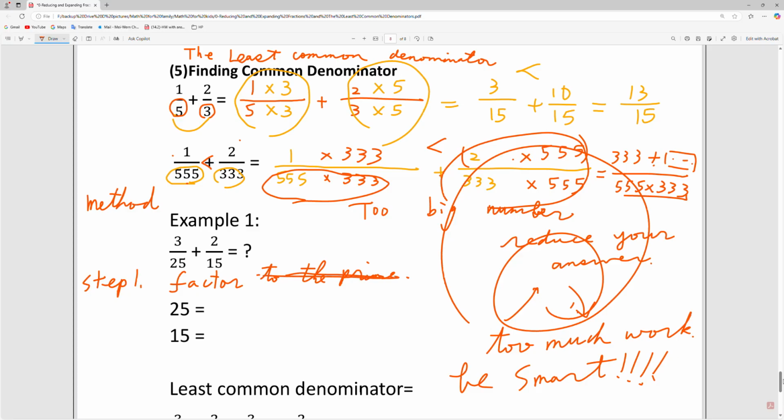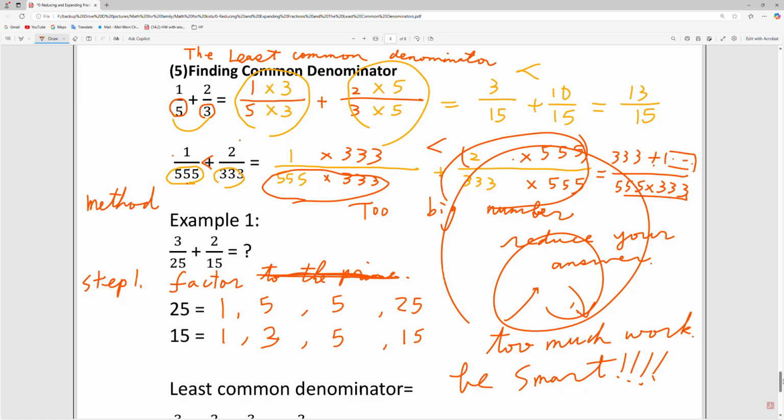Okay, so 25 is 5 times 5. You can factor 25 and 15. 15 is not an even number, and you have 3 times 5 is 15.